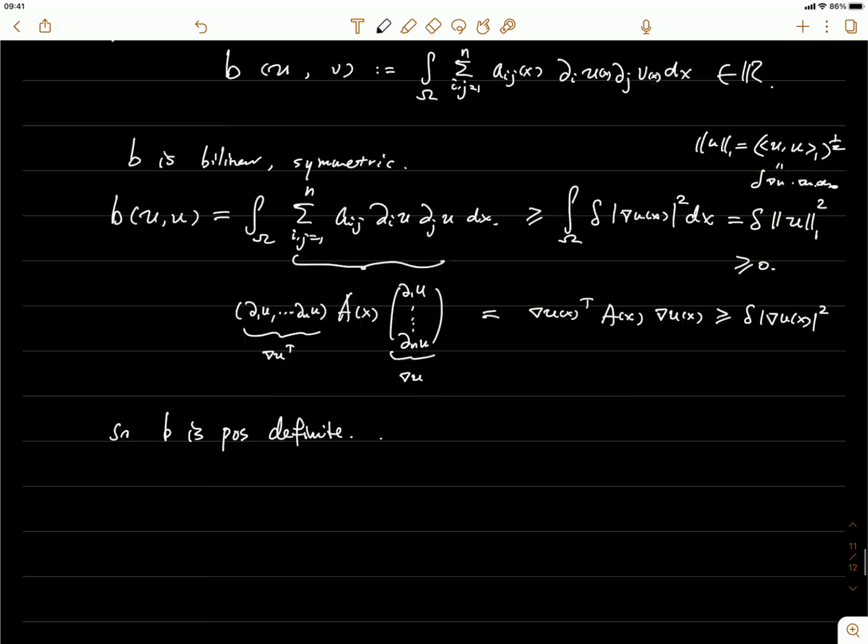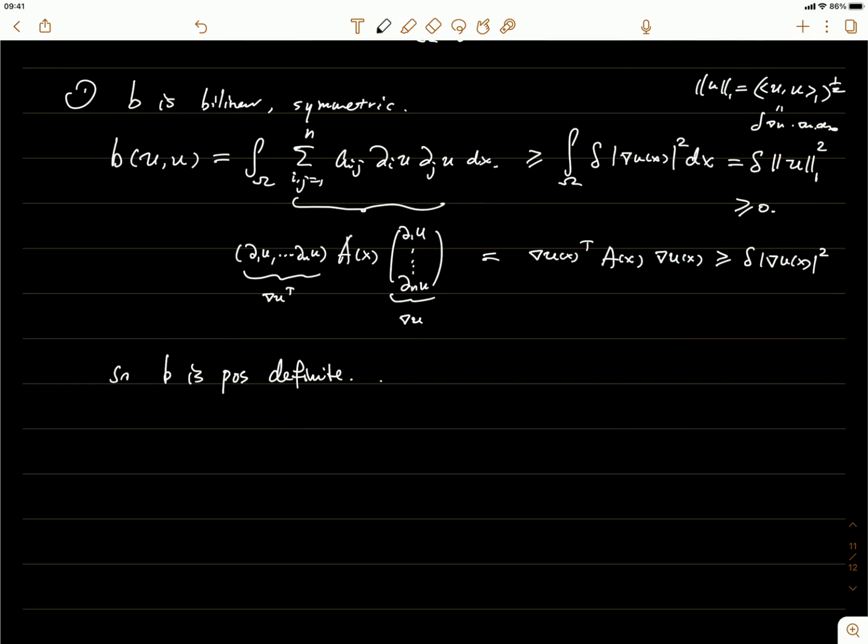Because we have that it's bilinear and symmetric, and also positive definite, these together imply that B is an inner product of this space.